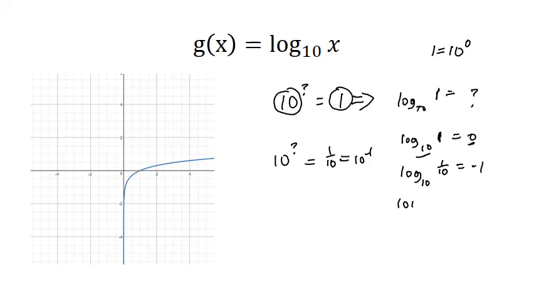So we can keep going and ask this question, log base 10 of 1 over 100, and that's really 10 to the -2nd power, so it will be -2. If you notice, for our log functions, we can end up with negative values, but every number that we put in has to be positive.